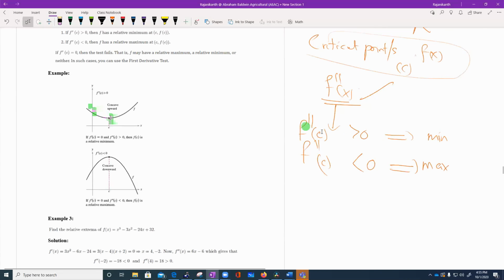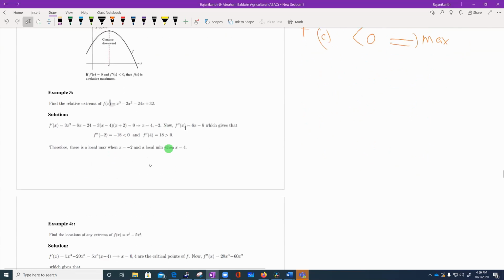That is why a positive second derivative is enough to get a relative min. Vice versa for the relative max: you need a concave downward trend, so your second derivative should be negative at that point. Makes sense, right?